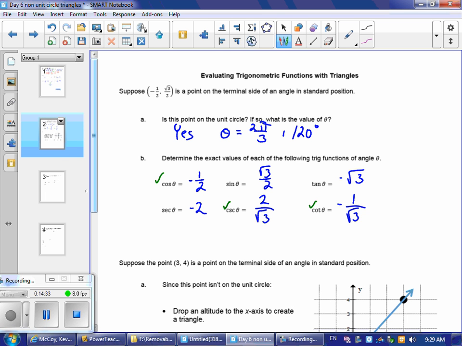Cosine goes with secant. Cosecant goes with sine. Cotangent goes with tangent. So all co-functions have a non-co-function as their reciprocal.